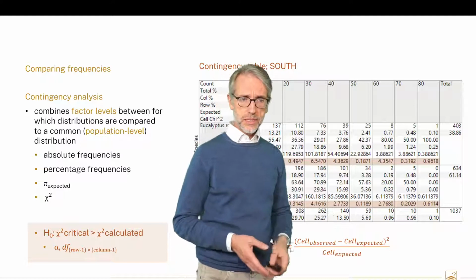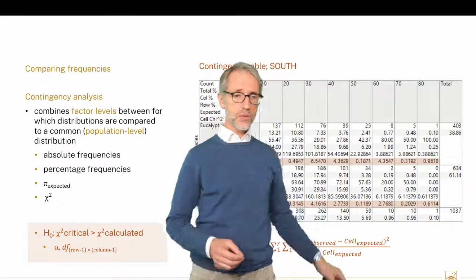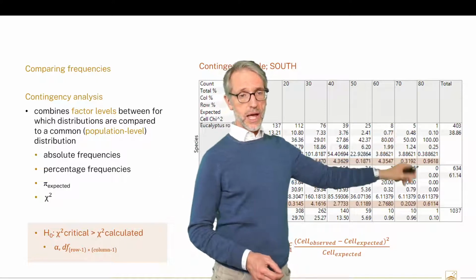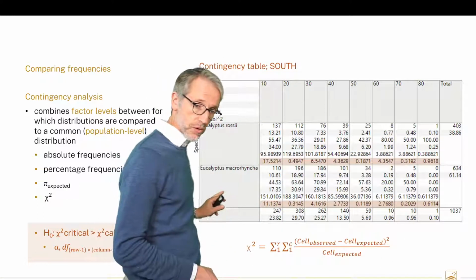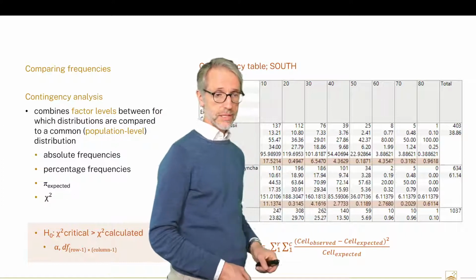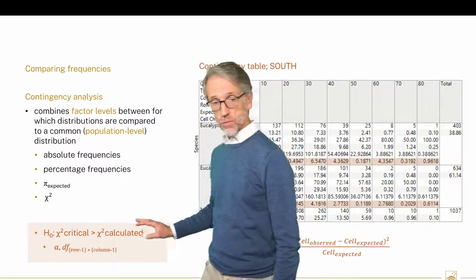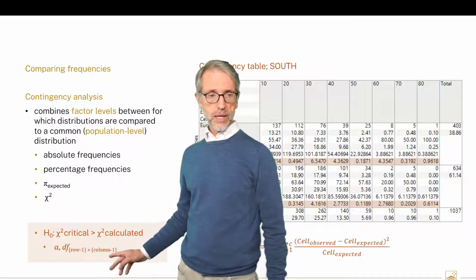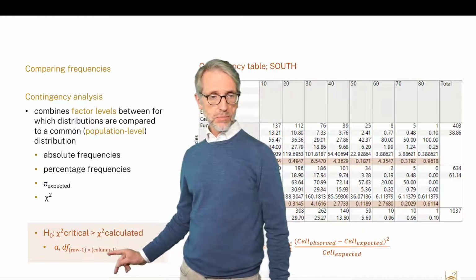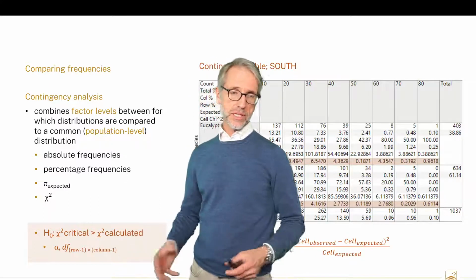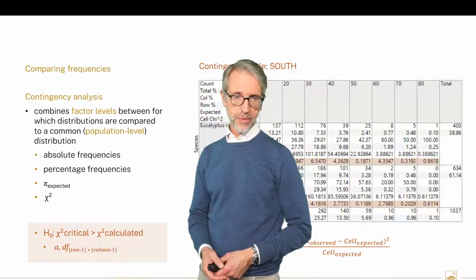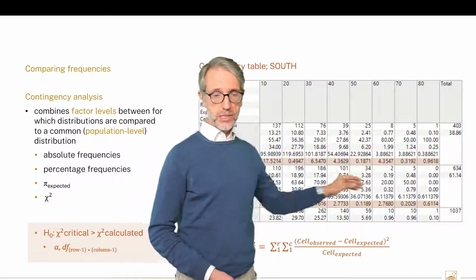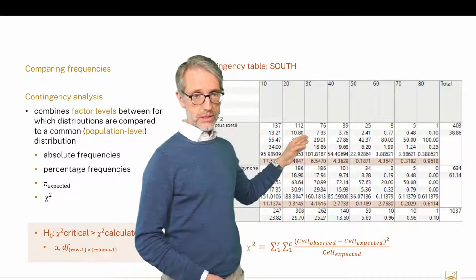Well, we do exactly the same thing, but we need to have k diameter classes as well as across, two species. So we have our row degrees of freedom and our column degrees of freedom. Row minus 1 times our column minus 1 gives us our total degrees of freedom. So our degrees of freedom here, we start with 16 cells, and gives us 7 degrees of freedom.